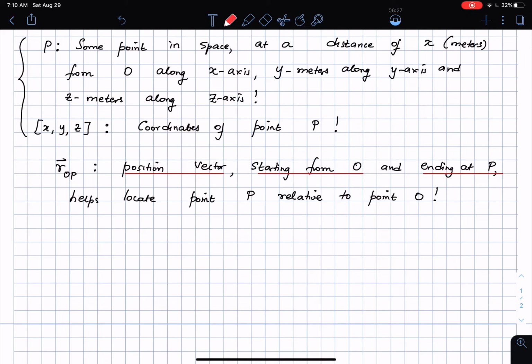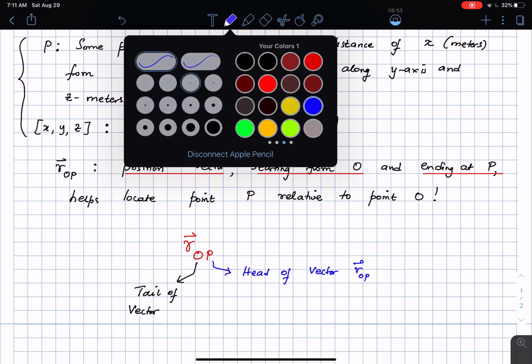If I write this as R_OP, this is the tail of the vector, and then you will see that this point here is the head of the vector R_OP, and that point there previously was the tail.